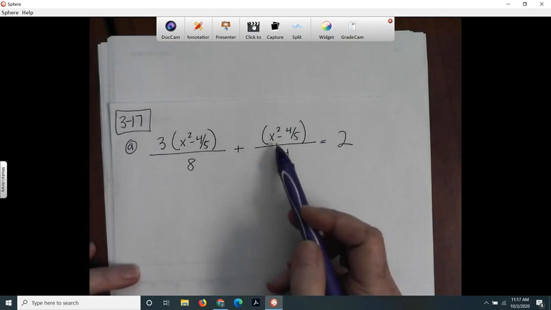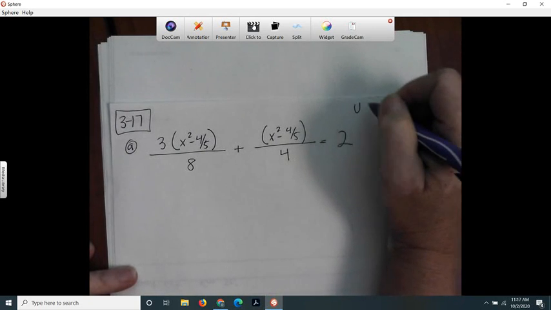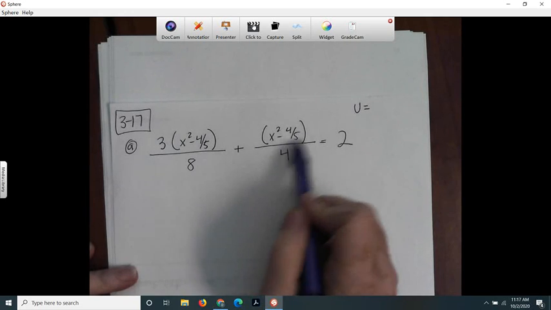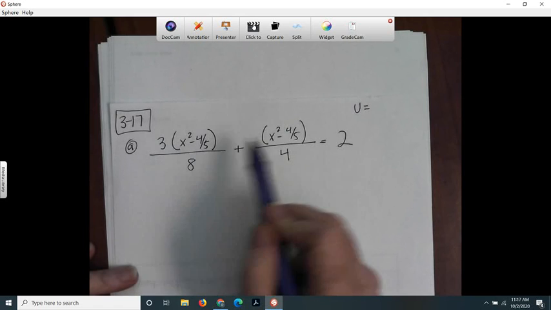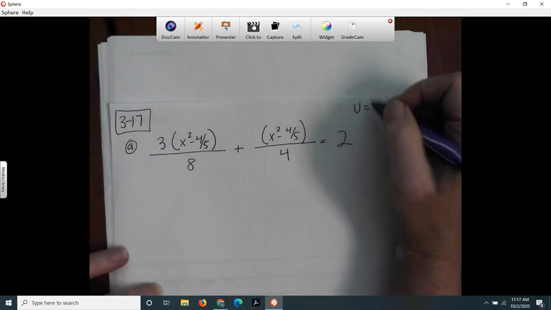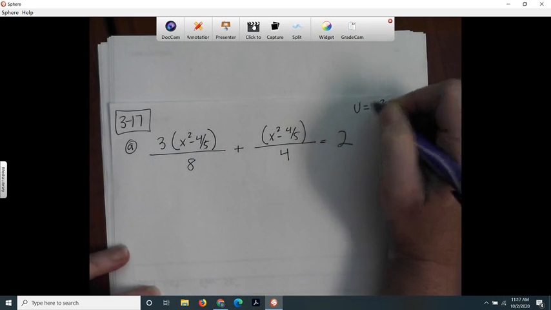So I'm going to call it U. It's the repeating piece. I see that there's a repeat, like this part and this part are the same. So I'm going to simplify it by just calling that part U. And I'm going to save that on my paper somewhere because I'm going to need to use it.